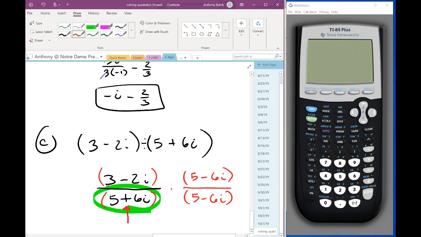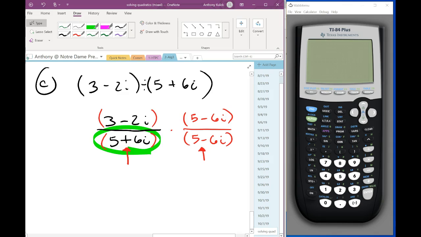And you'll see why this is going to work in a moment. But you just need to flip that sign in the middle. If it was a subtraction, we make it addition. If it was addition, we make it subtraction. And now what do we do? Well, I'm just going to FOIL the numerator and FOIL the denominator.